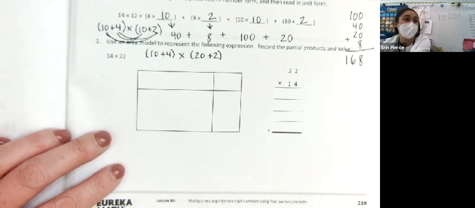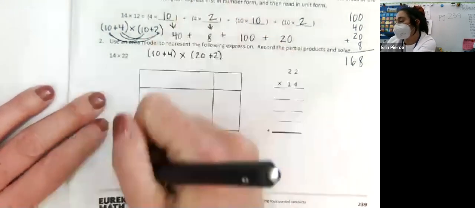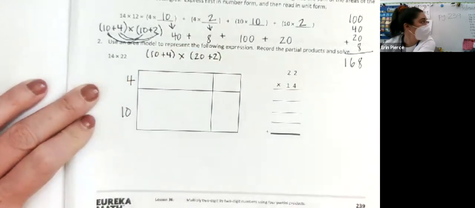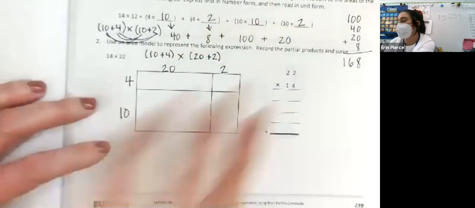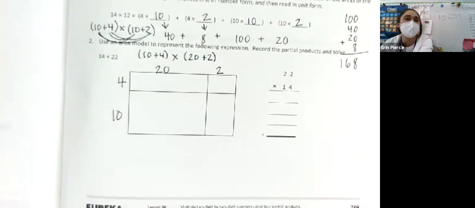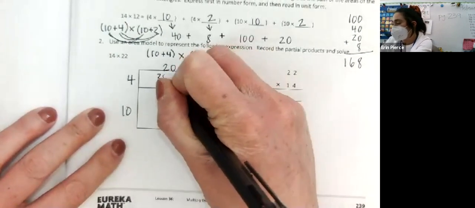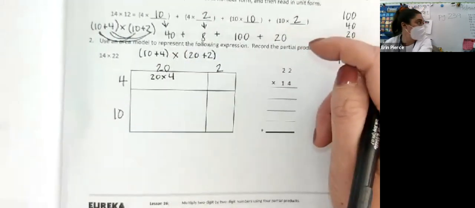Do you have that written down, Scotty? All right, down the side, 4 and 10. And then 20 and 2. If you reverse them, it's not a big deal. 20 times 4. Do you see where I'm getting 20 times 4?